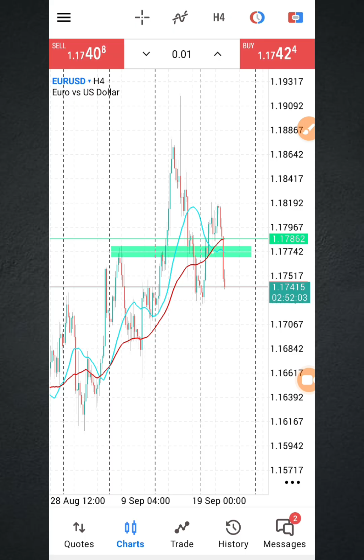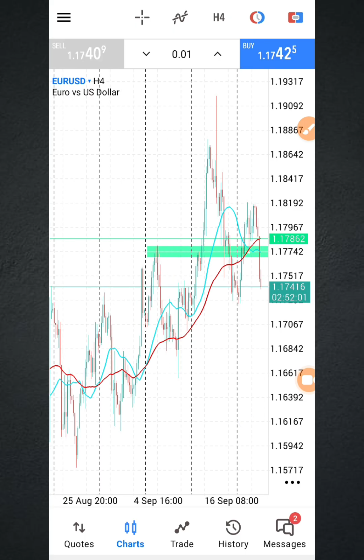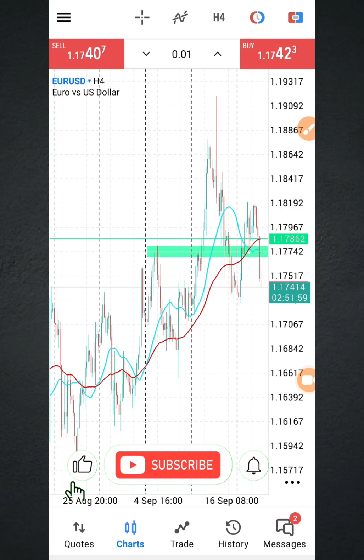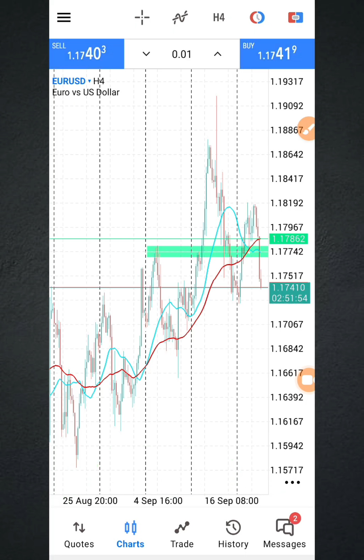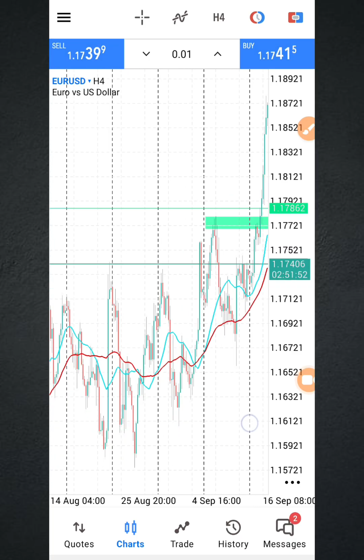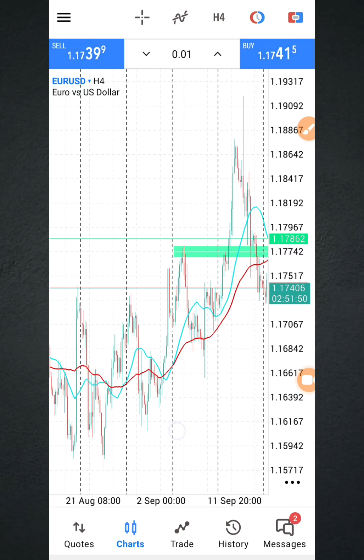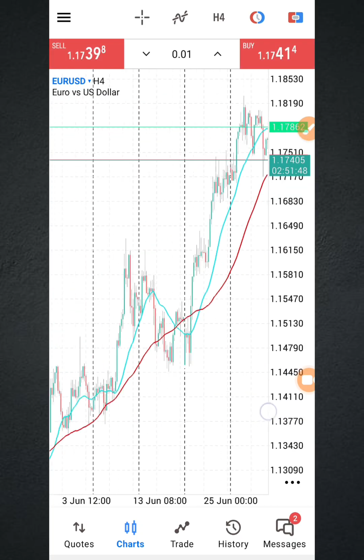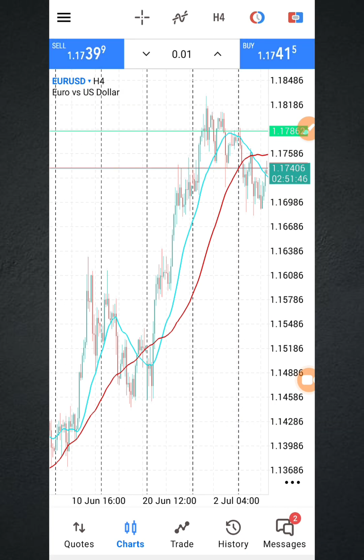When candles are forming above the 50 period moving average, we regard that kind of trend as an uptrend. If you go back in time, you can see that this is an uptrend.